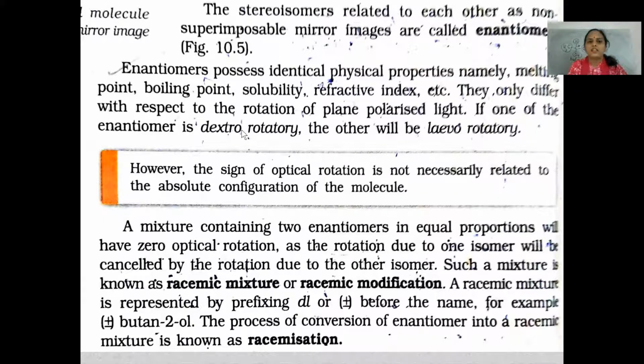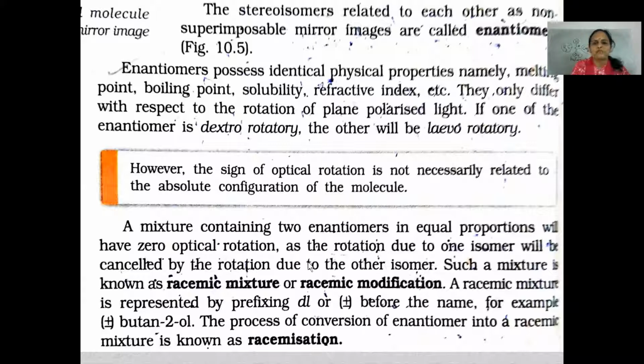They differ with respect to the rotation of plane polarized light. If one of the isomers, enantiomers, is rotating the light towards right, that is dextrorotatory, the other will rotate the light towards left, that is levorotatory. One enantiomer is dextrorotatory, whereas the other is levorotatory.